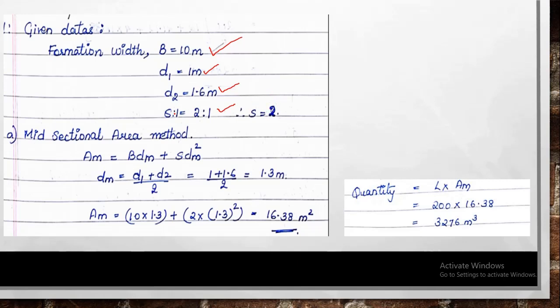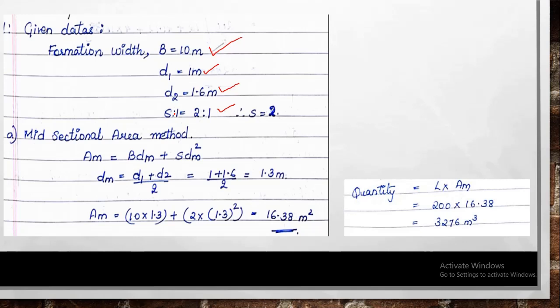Usually the side slope will be mentioned like 2:1, where it is represented in the form of S is to 1, and in this case the value of S will be 2. Okay, so we are using the first formula, mid-section area method.